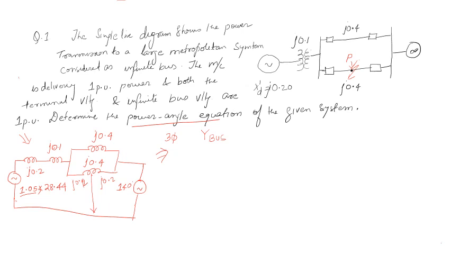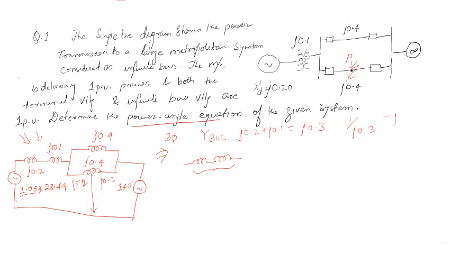Here, the total reactance is j 0.2 plus j 0.1, that will give you j 0.3, and if you take the inverse of it, the admittance is 1 upon j 0.3.